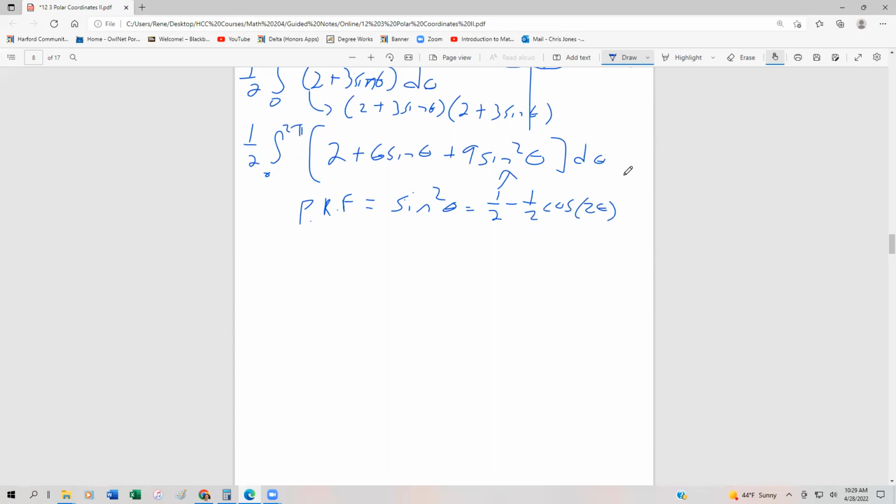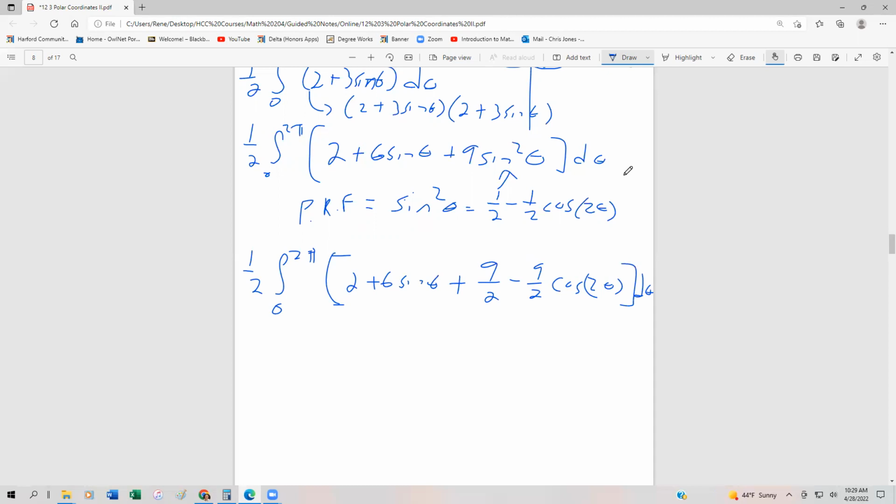So finally, we can rewrite this as 1/2 the integral from 0 to 2 pi of 2 plus 6 sine theta plus 9/2 minus 9/2 cos 2 theta, d theta.